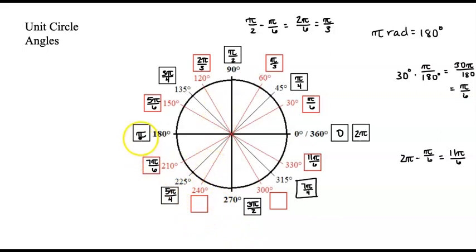So if I do pi plus pi over 3, which I think is a little easier, we get 4 pi over 3. For 300 degrees, I'm thinking, okay, what's 2 pi minus pi over 3? Well, that's 5 pi over 3.